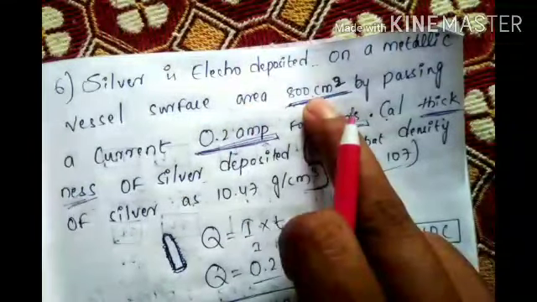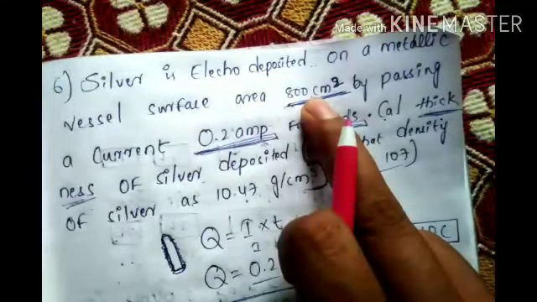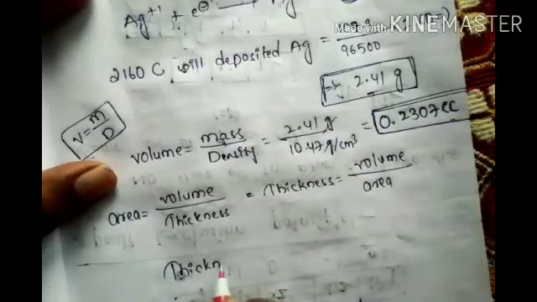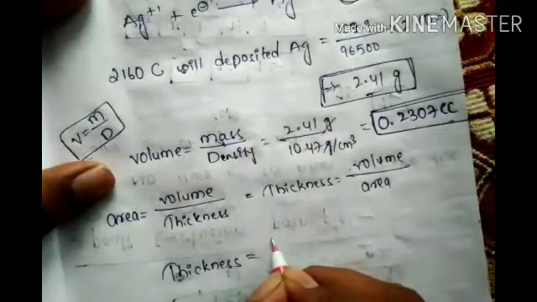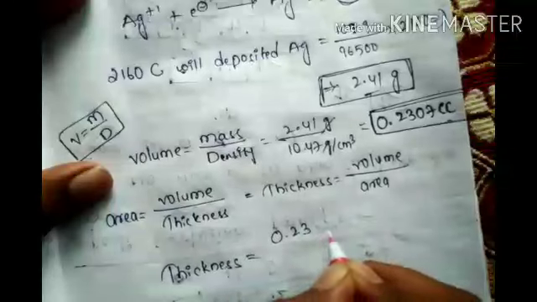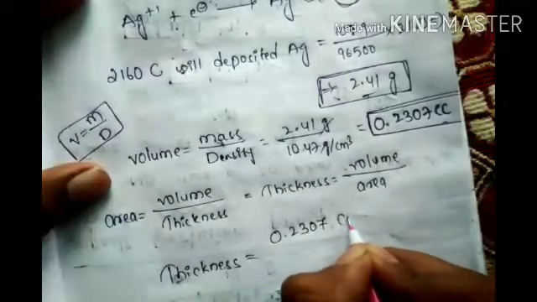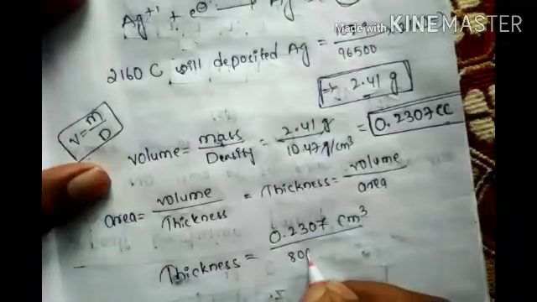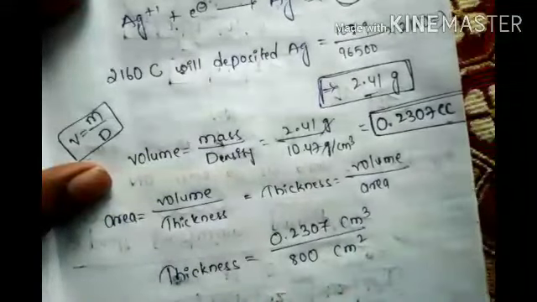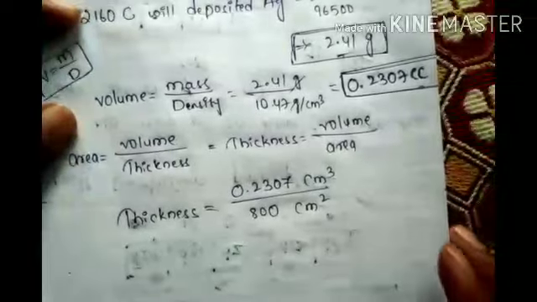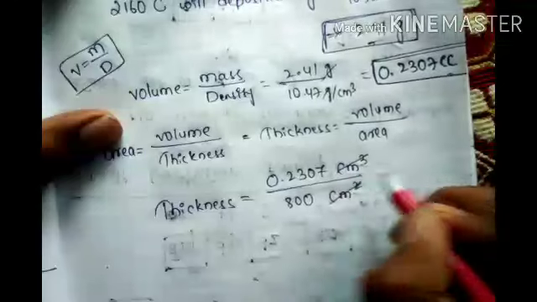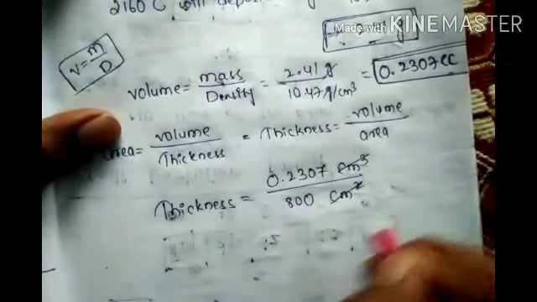Surface area 800 centimeter square they given. Thickness equals volume: 0.2307 cubic centimeter they given, and area 800 centimeter square they given. So here 2 cancels, here 2 cancels, remaining 1 is there.